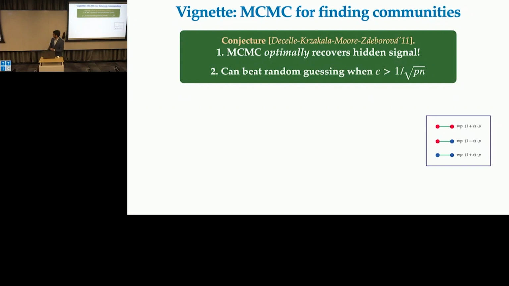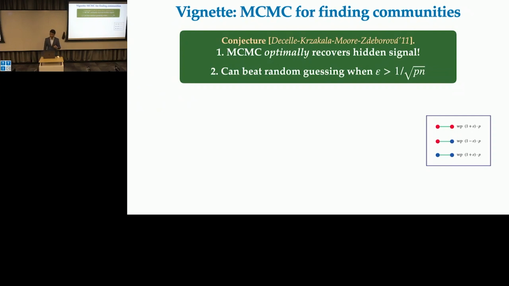4 people with a physics background, Decelle, Krzakala, Moore, and Zdeborová, set out to precisely understand when you can actually beat random guessing in the stochastic block model and what the algorithms for doing so are.